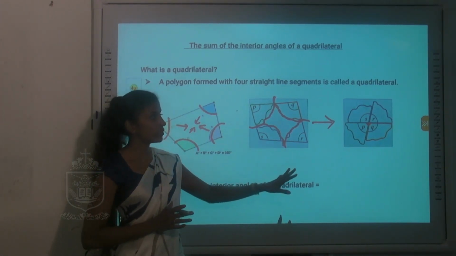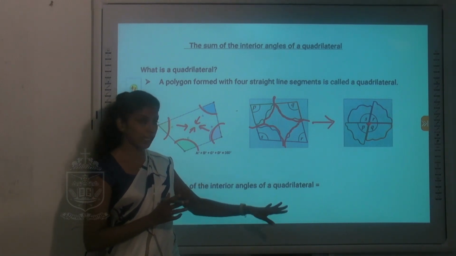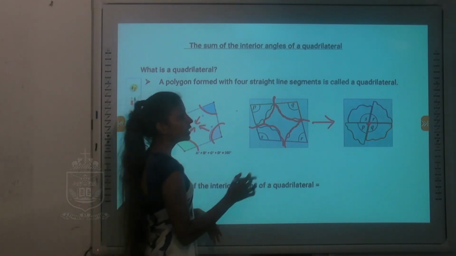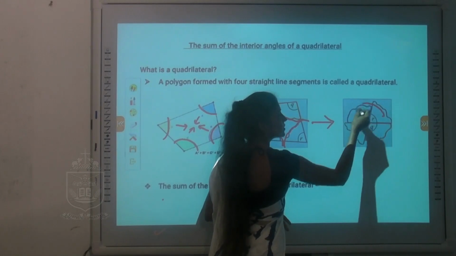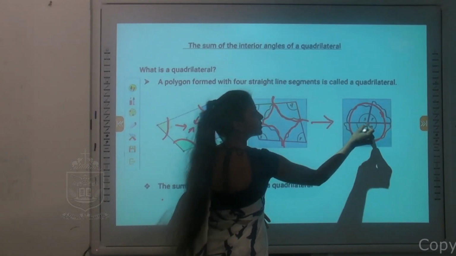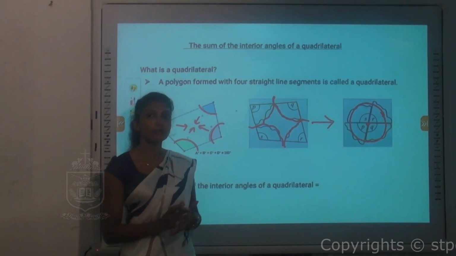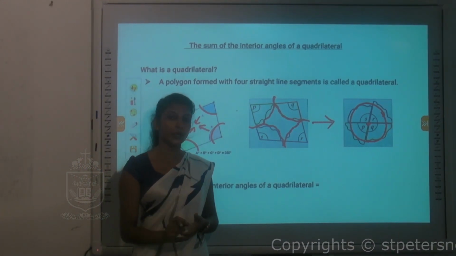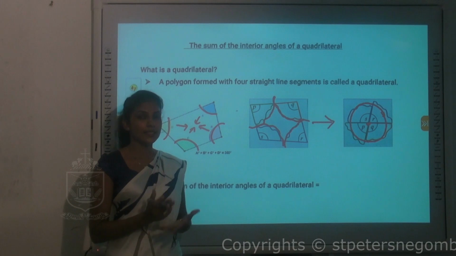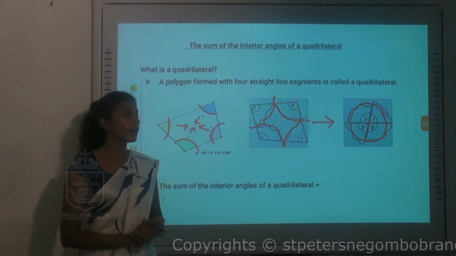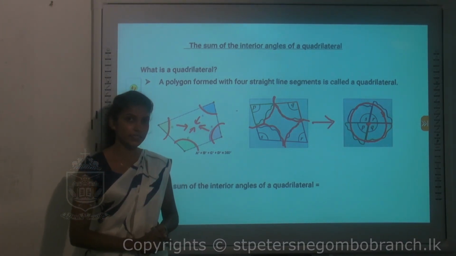You can see all the interior angles are formed around this point. So we know that the sum of the angles around a point is 360 degrees. We learnt it in our first term lesson unit 3 angles also.